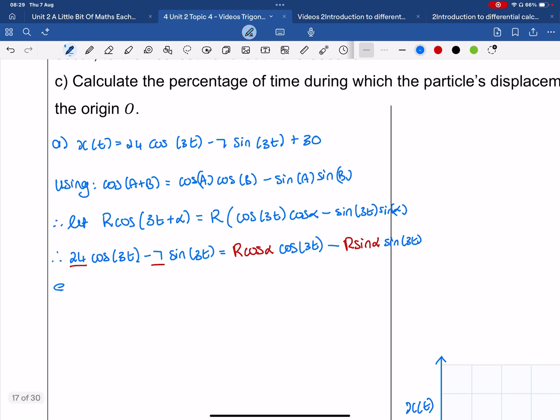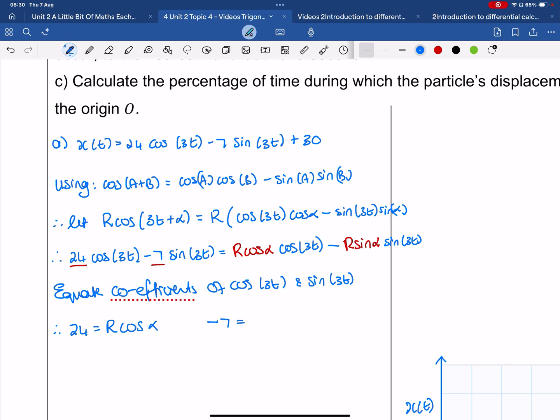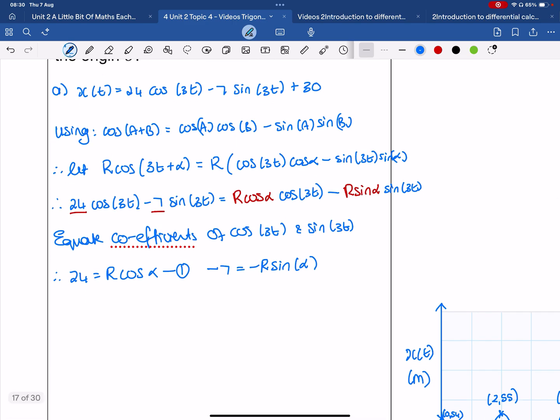Okay, so now we're going to equate the coefficients of cos 3t and sine 3t so that I have 24 is r cos alpha and negative 7 is negative r sine alpha, equation 1 and equation 2.